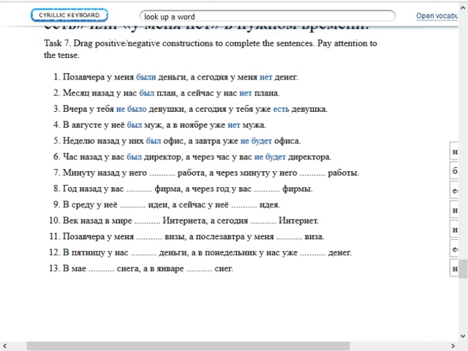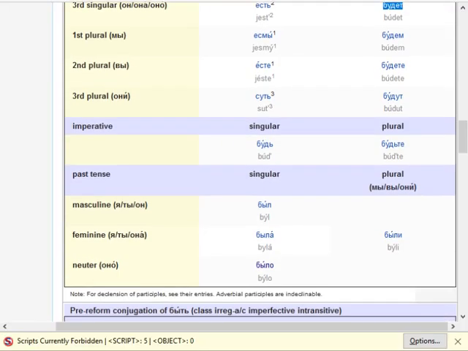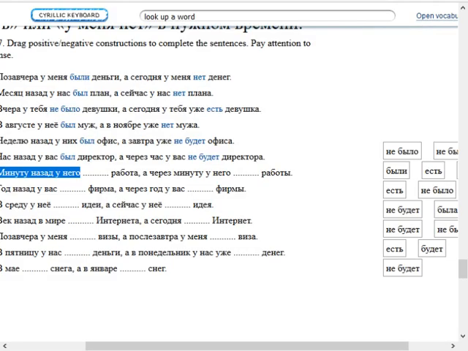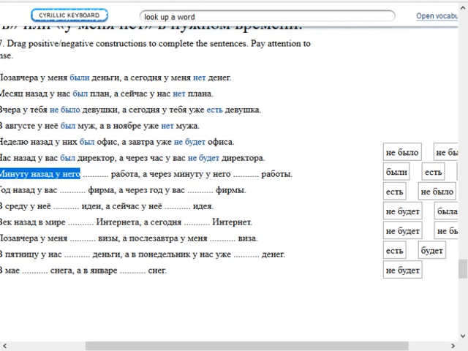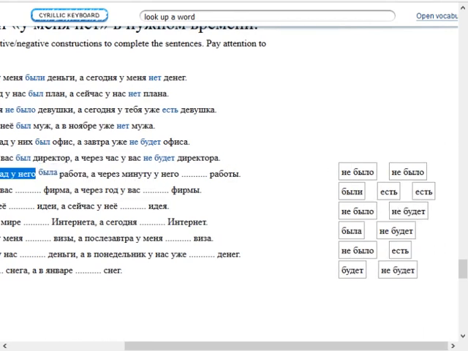Минуту назад у него, so a minute ago we had work, so this is past tense feminine, so that's going to be была. Where's была here? Yes, here's была. Была работа.